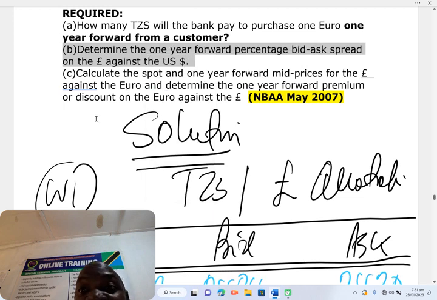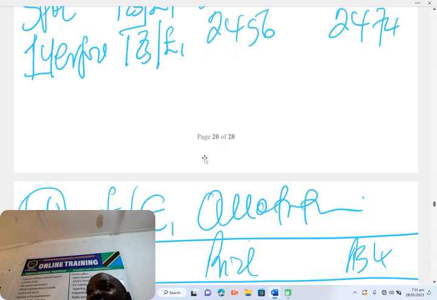Determine 1 year forward percentage bid spread on pound against dollar. Do we have pound against dollar? No. And this is 1 year. So you have to compute a cross rate for pound against dollar and compute the spread.